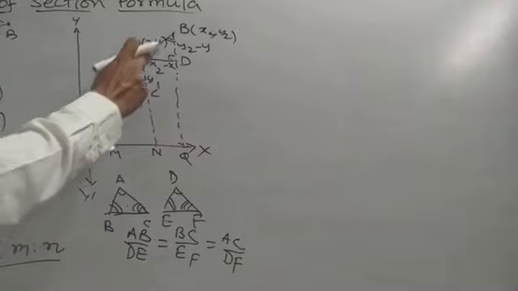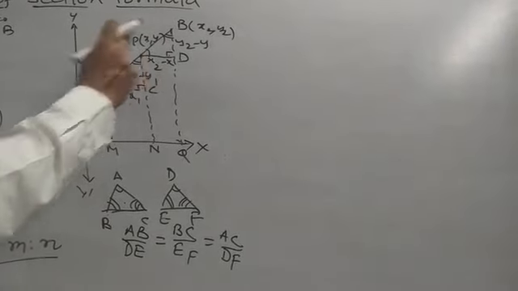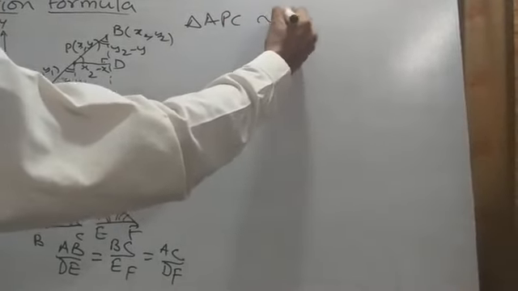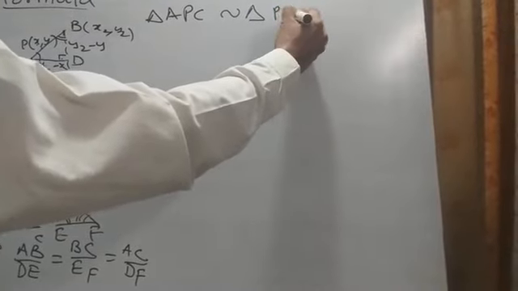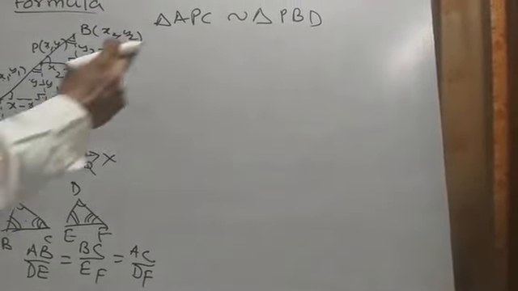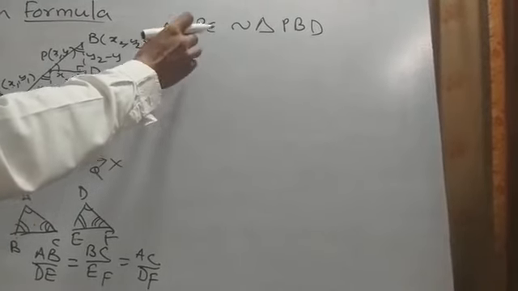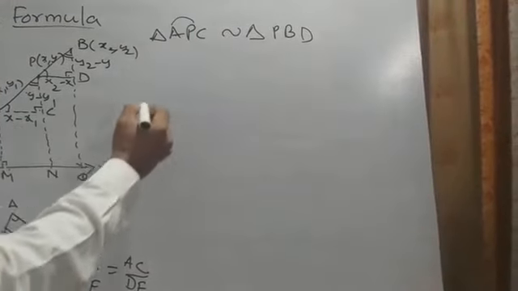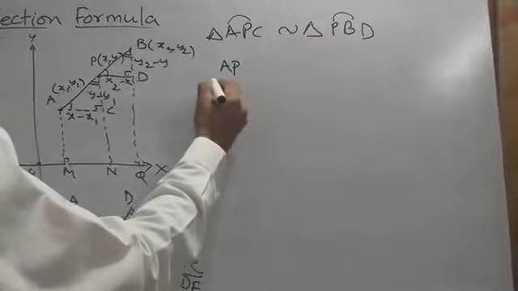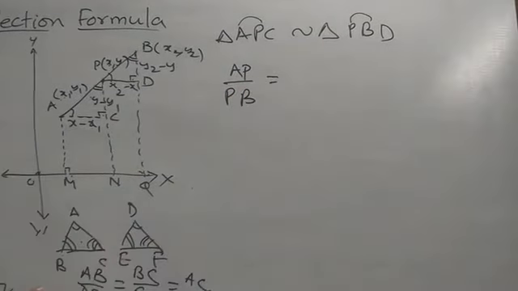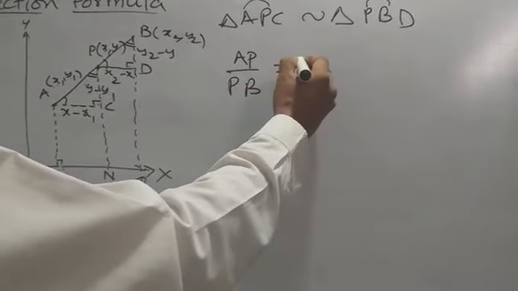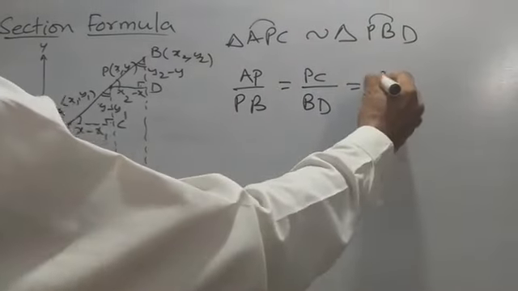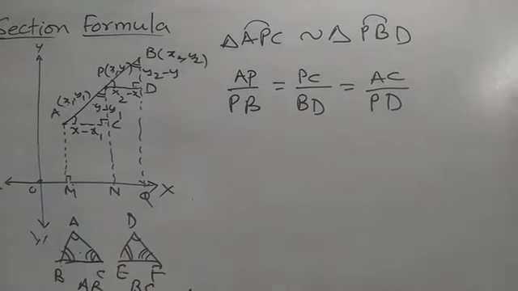Therefore, by AAA similarity, triangle APC is similar to triangle PBD. Since they are similar, we can compare the ratio of their corresponding sides. Here the corresponding sides are AP to PB, so AP by PB is equal to PC by BD is equal to AC by PD.